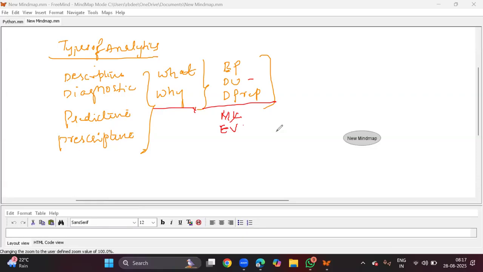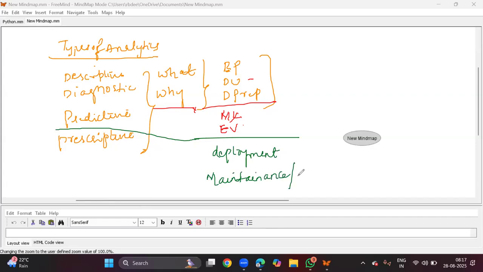And finally, we have deployment, maintenance, and monitoring. Okay, these are the things we are going to study.